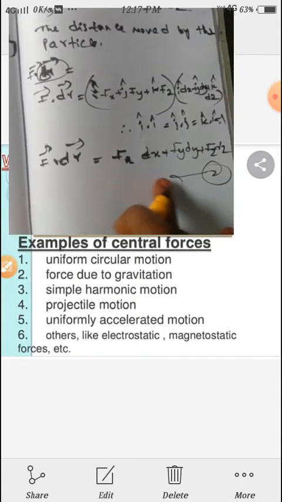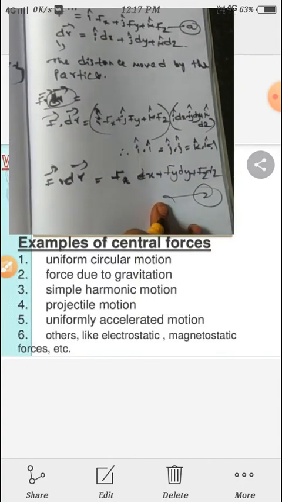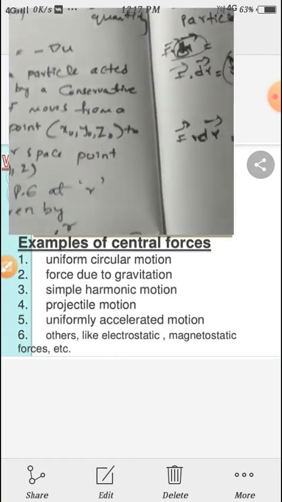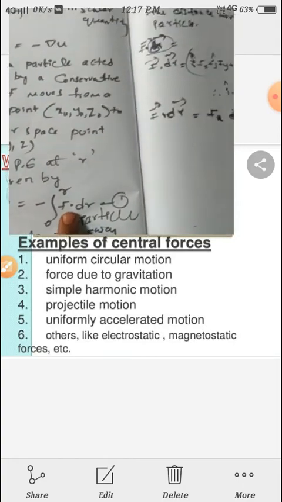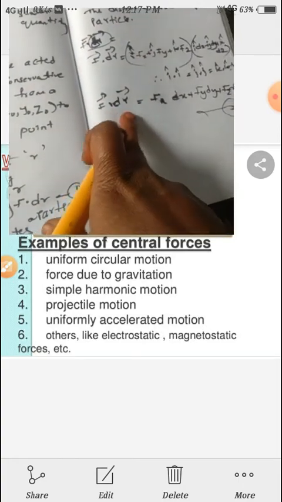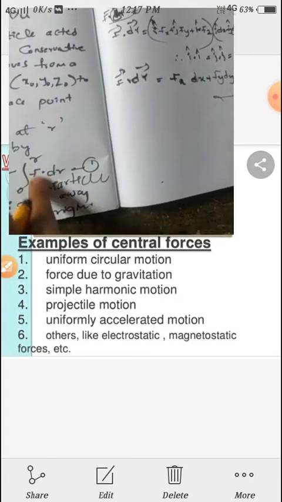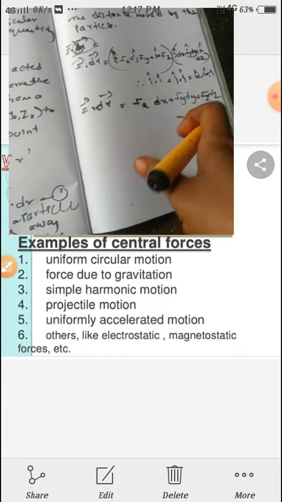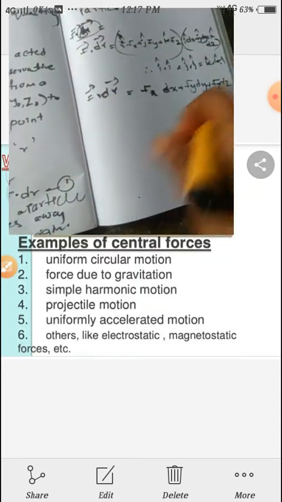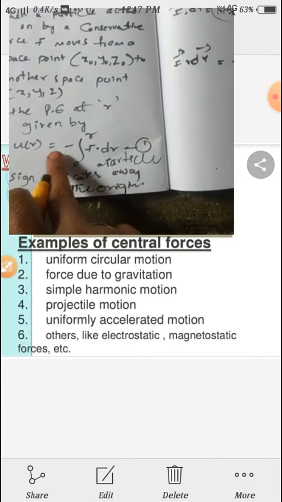So substitute equation 2 in equation 1. Equation 2 is F dot dr, and in this place F dot dr is replaced by this expression.